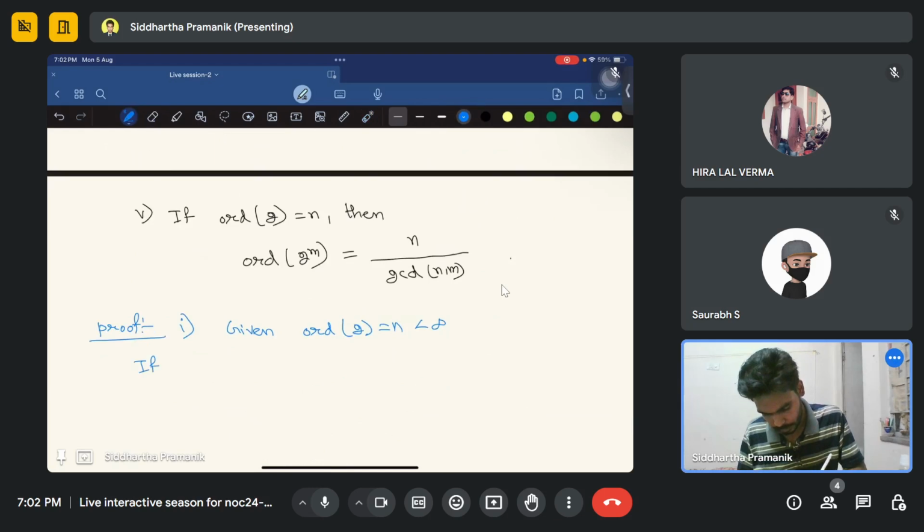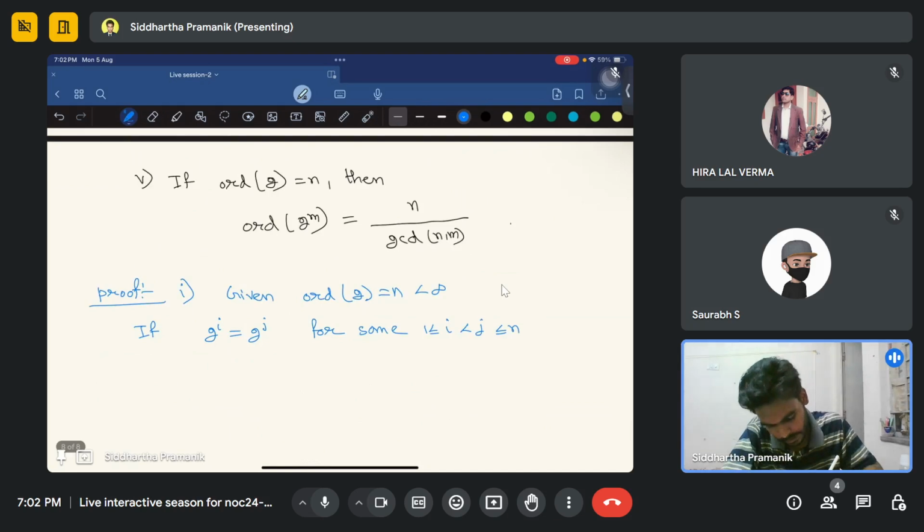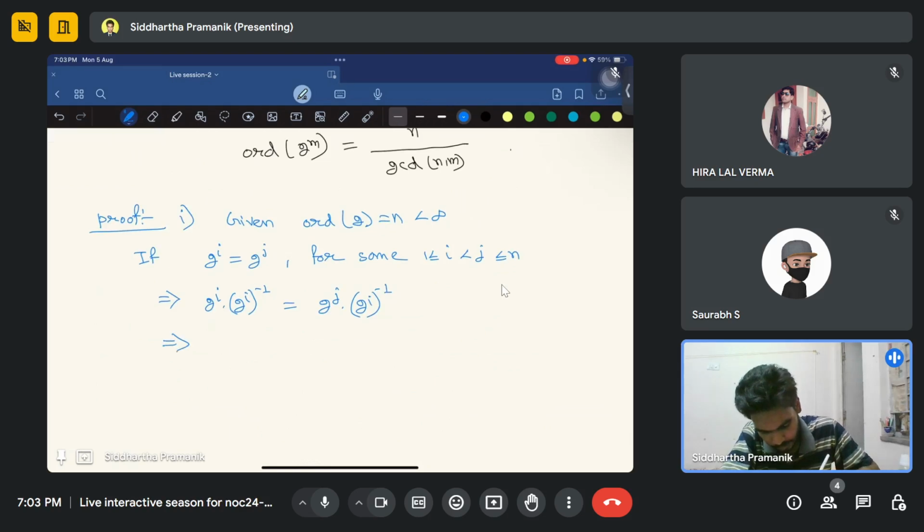So if g power i equals g power j for some i, then we can multiply by g power i inverse, and this will give me the identity element.